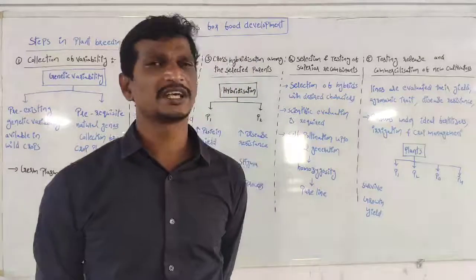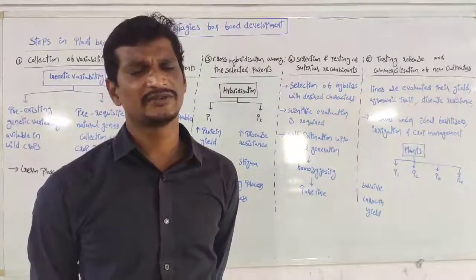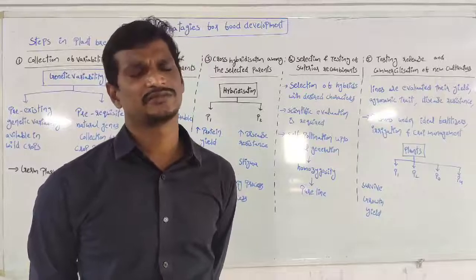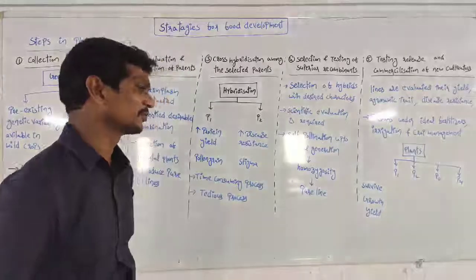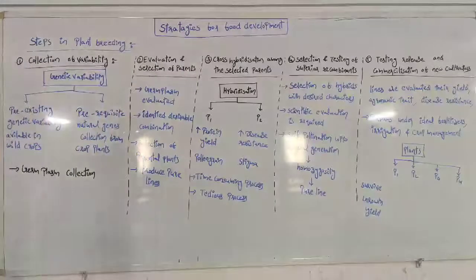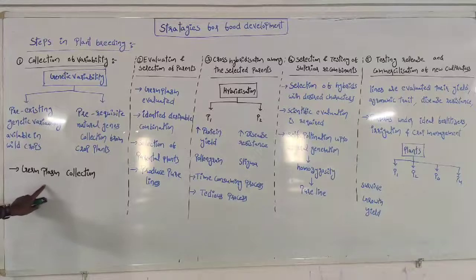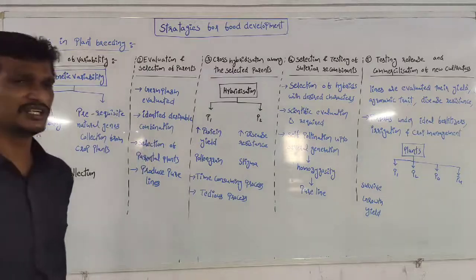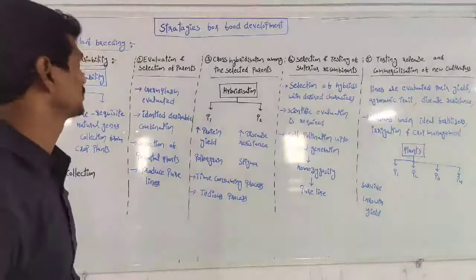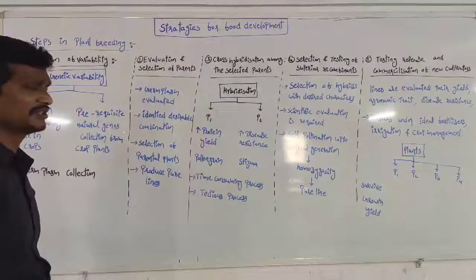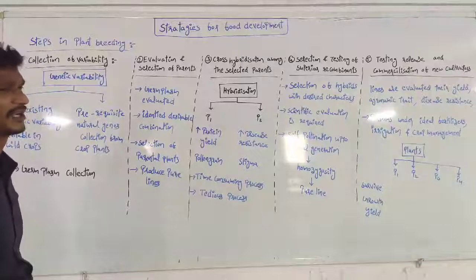When we need them, the plant parts are activated and utilized. See, we are subjecting them to the cryopreservation process. So this step is called germplasm collection and germplasm storage. Storage is done by cryopreservation. And next is the evaluation and selection of parent plants.